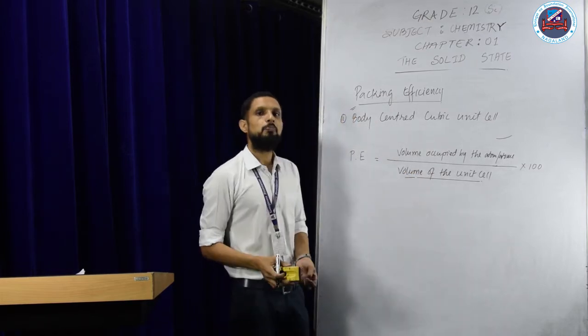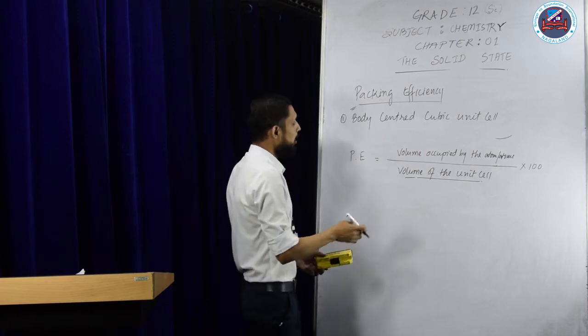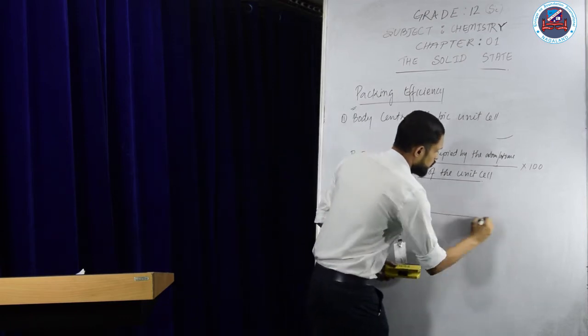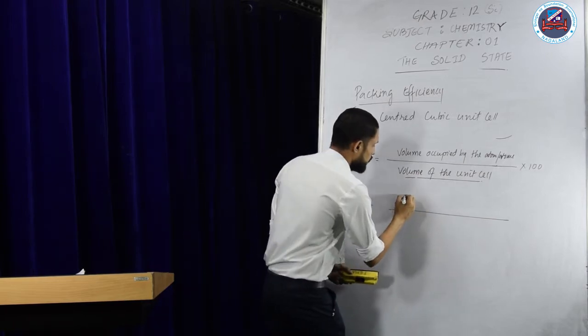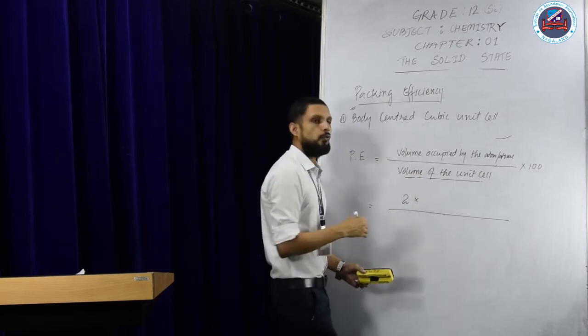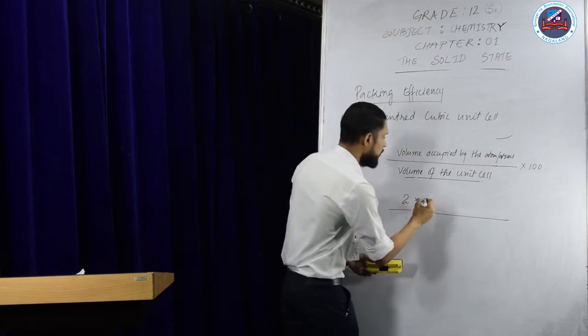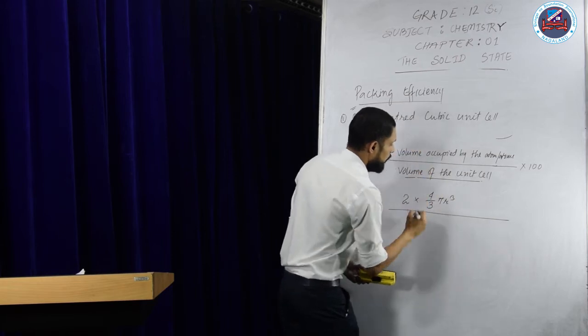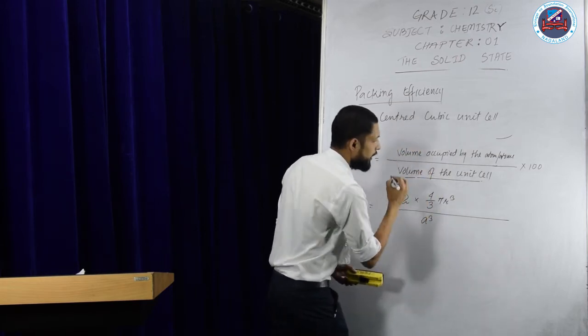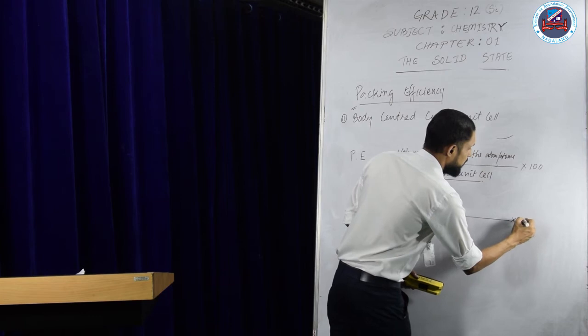Now, in case of body-centered cubic unit cell, the total number of atoms is equal to 2. So 2 multiplied by, we already know the volume of an atom is 4 by 3 pi r cube. Volume of the unit cell is a cube, and is multiplied by 100.